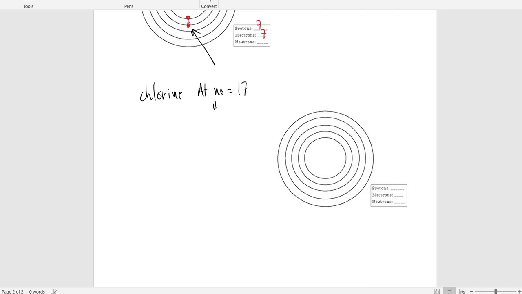So that means the number of electrons equals 17. Remember, this atomic number is the number of protons, positive charge, and this is the number of electrons, negative charge. So chlorine has the element symbol Cl, so that's going to represent the nucleus in the center of the atom. So we've got 17 protons, we've got 17 electrons.